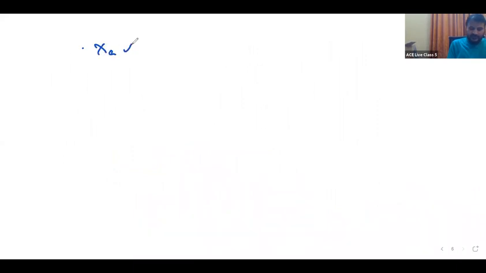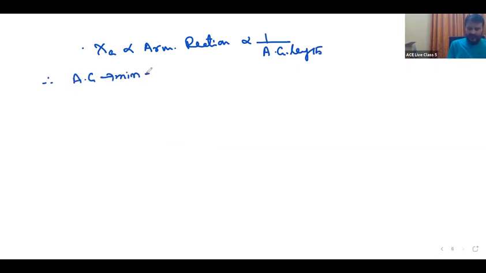XEA is proportional to armature reaction, but inversely proportional to air gap length. Air gap is minimum along the D axis, therefore armature reaction is maximum.